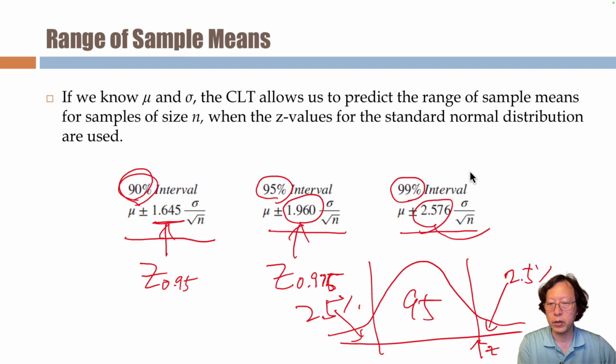Similarly, this z-value is related to 0.995. Usually we use 90, 95, and 99, so you can use these values for the z-value.